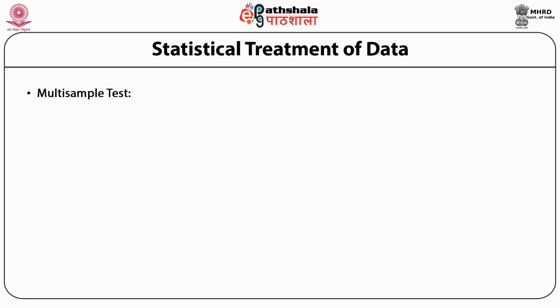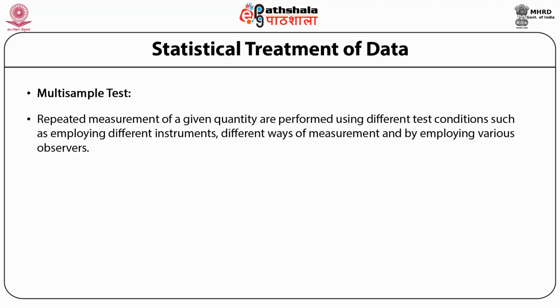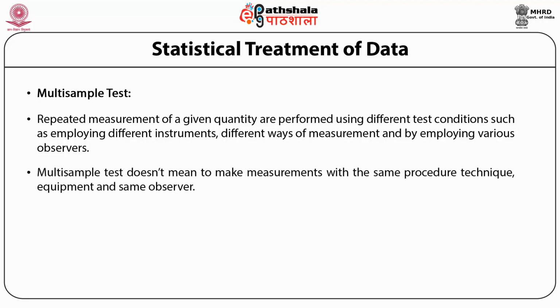Multi-sample test: repeated measurements of a given quantity are performed using different test conditions, such as employing different instruments, different ways of measurement, and by employing various observers. Multi-sample test doesn't mean to make measurements with the same procedure, technique, equipment, and same observer.